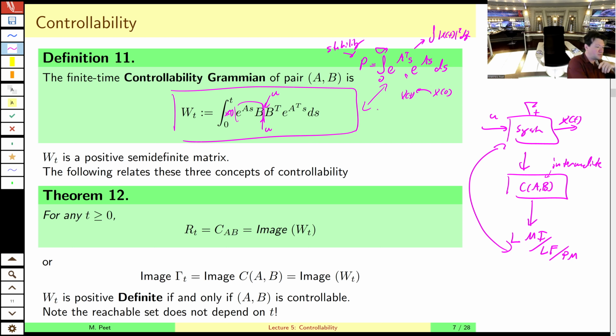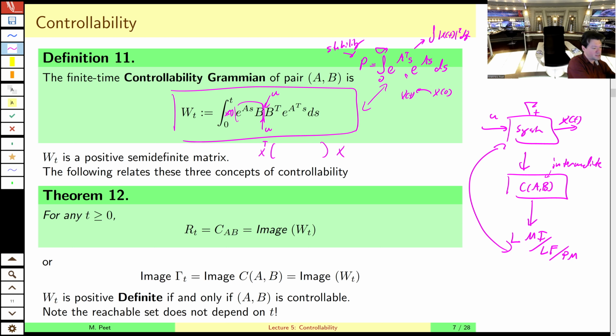So okay, that's the idea. Obviously, if you define W in this way, it's a positive semi-definite matrix. Why is that? Well, you multiply it by x on both sides, x transpose whatever that is.